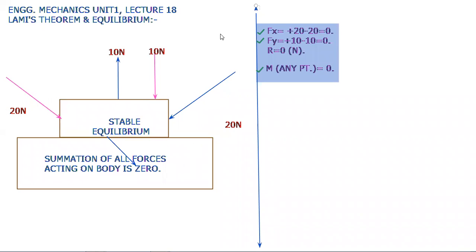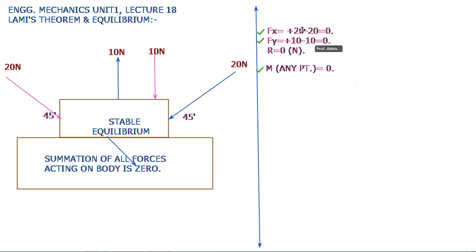Okay, now suppose this 20 Newton force is inclined at an angle of 45 degree, and this is also inclined at an angle of 45 degree. Then how will you find Fx and Fy? For Fx, what will be your horizontal component?